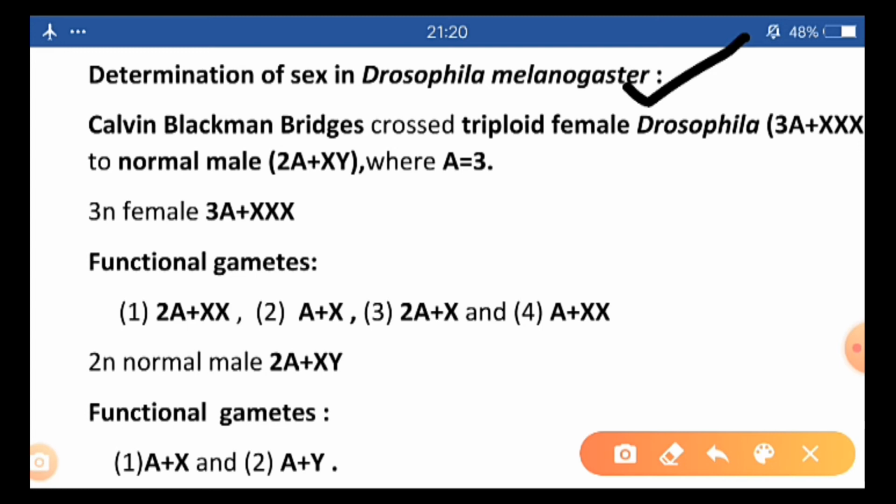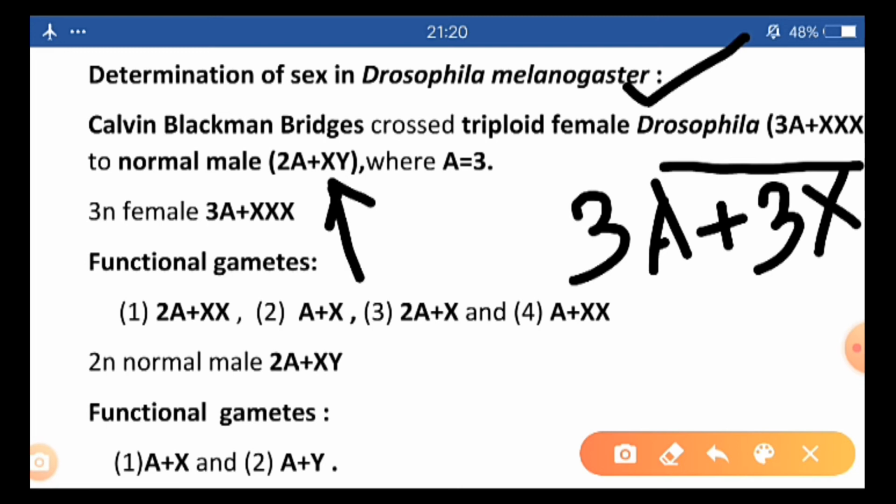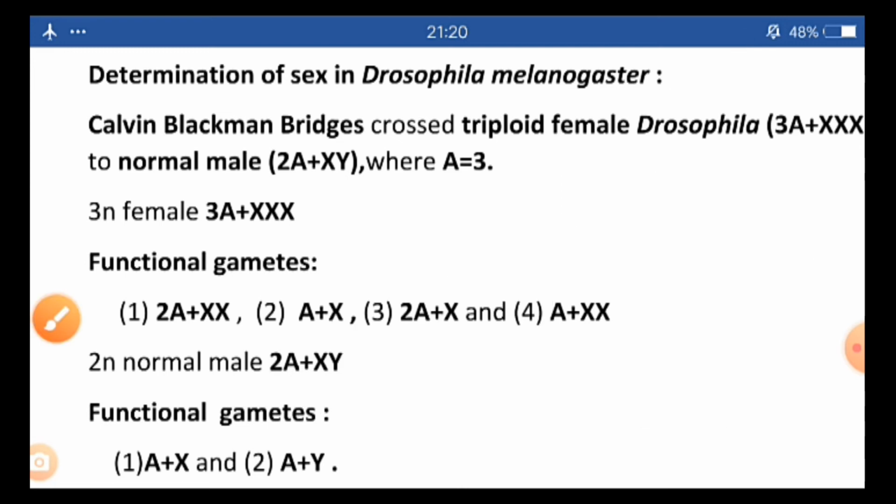It is thrice A plus XXX, or we may say 3A plus 3X. And what is the genotype of normal male? It is 2A plus XY. Clear? So he made a cross between them. Now look at the functional gametes.